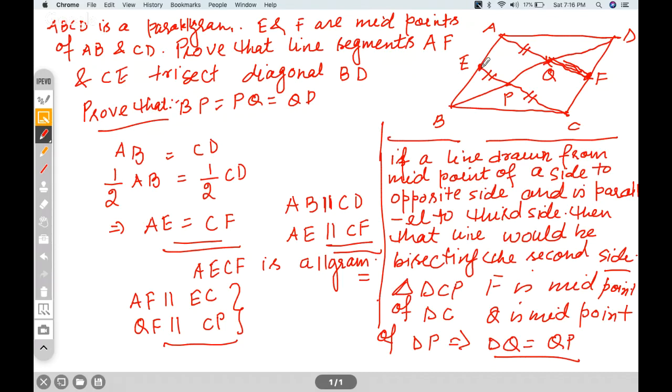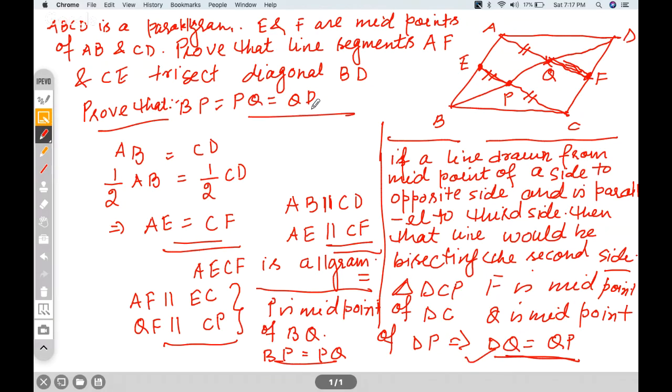And I know that E is midpoint and a line is drawn. So P would be, so I am saying here for this part that P is midpoint of BQ. Similarly, it means that BP is equal to PQ. So I have proved that BP is equal to PQ and DQ is equal to PQ. So all three are equal, which was the objective or which I needed to prove.